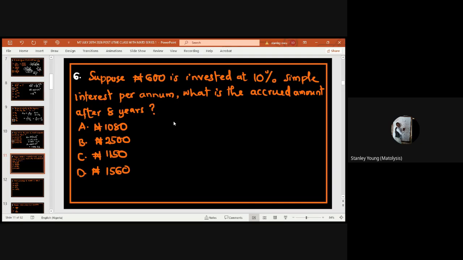So how do we get the amount? Amount is always equal to principal plus what? Interest, right? And interest itself means what? Principal times rate times time over 100. So in this case, the principal is 600.